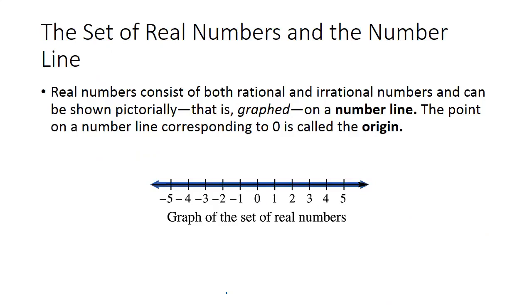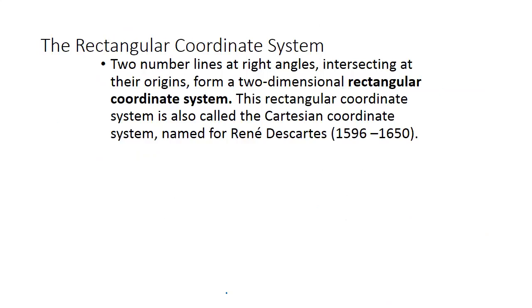Now, the set of real numbers on the number line is considered to be everything, all the way from negative infinity to positive infinity. The rectangular coordinate system is something that we're going to use for graphing, and this was created by René Descartes.